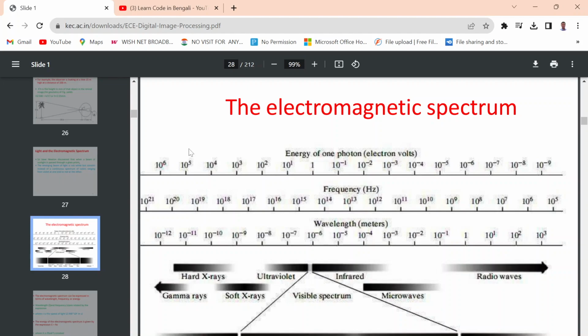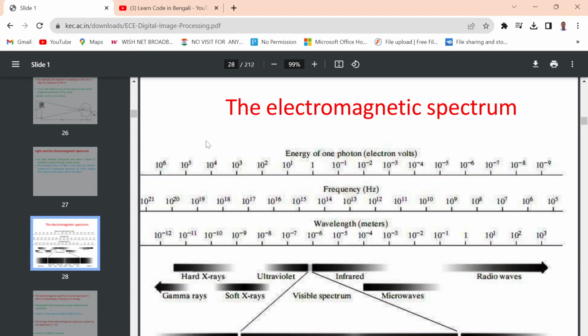What is actually happening in gamma ray processing? You know from basic physics that every photon has some penetrating properties, and this penetrating property is used in this image processing. So 10 to the power 6 is the gamma ray.